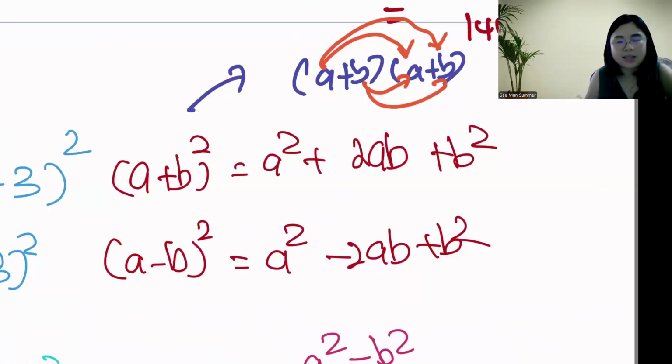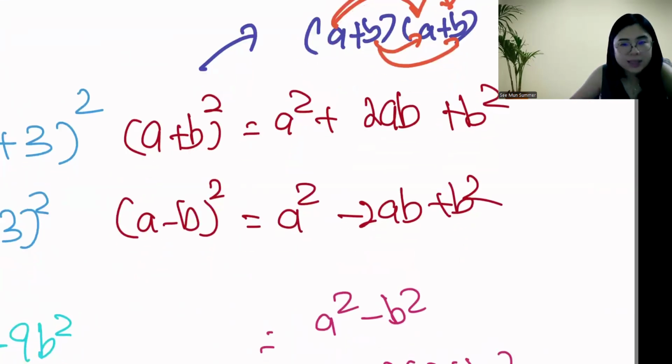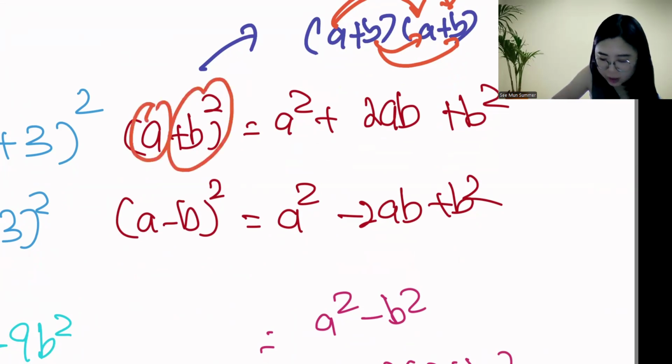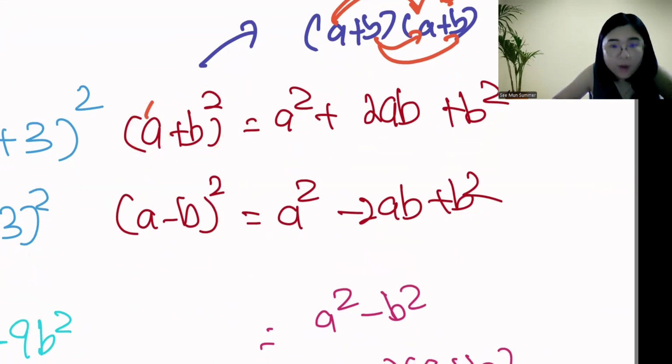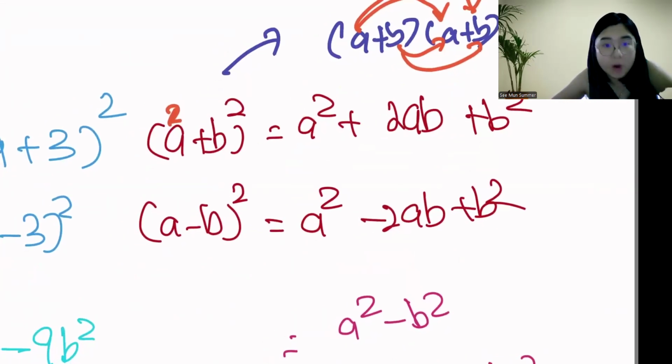But there's a shortcut. Whenever you see the same thing squared, you can use this formula. Meaning a squared, and then b squared. In the middle, I want you to do a trick: put a small 2 there. Why do you need to put a small 2 there?